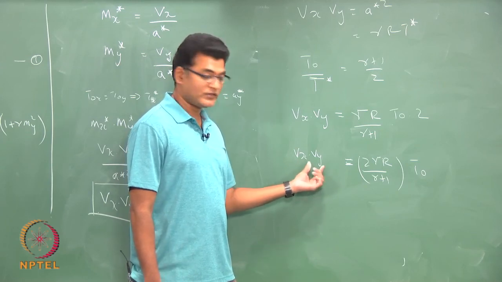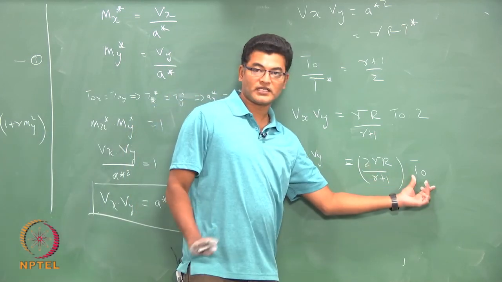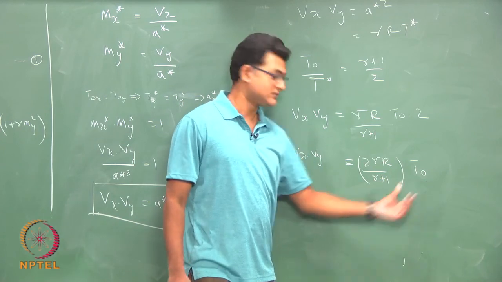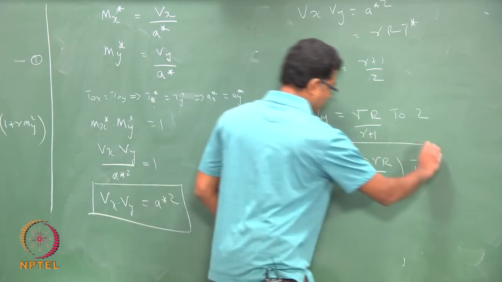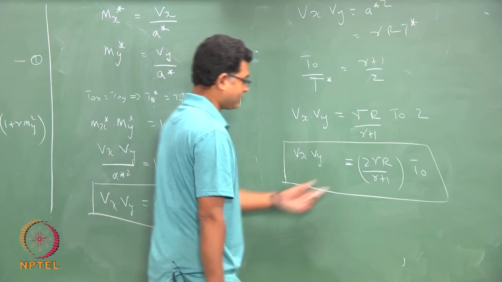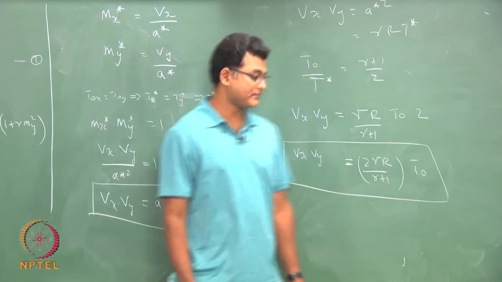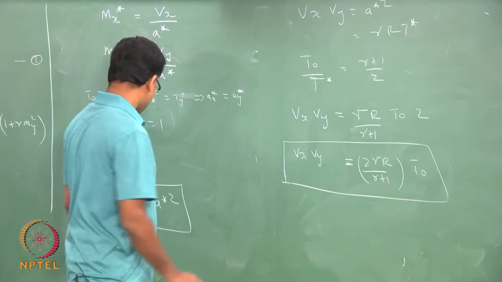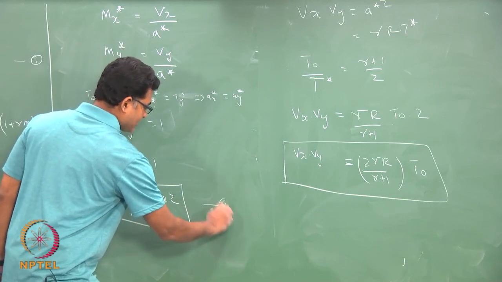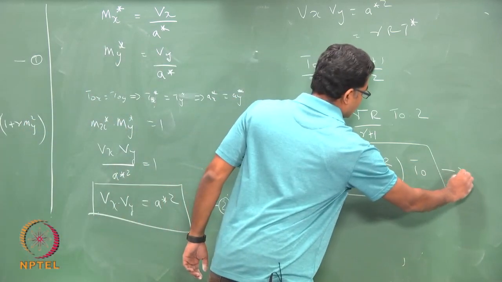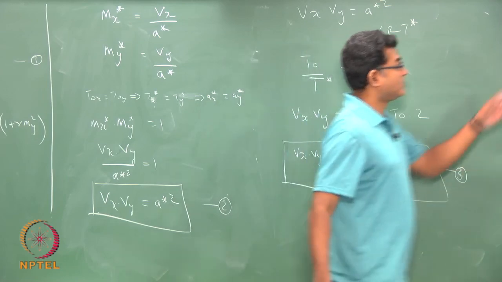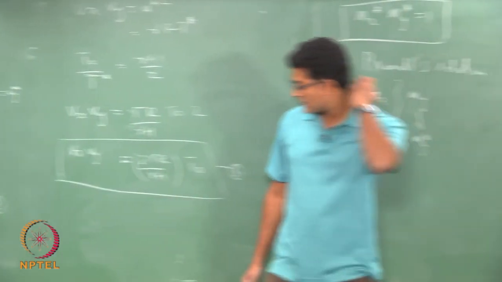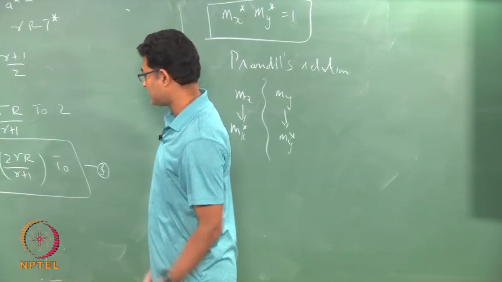So the product of those velocities depends only on your stagnation temperature, and the fluid, of course, gamma and R. So these are the other important relations that are coming associated with your Prandtl's equation, Mx star into My star equals 1.